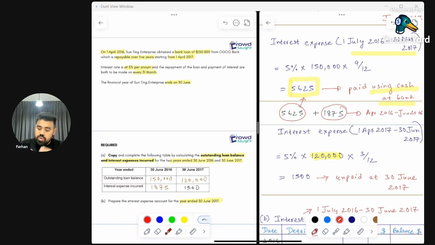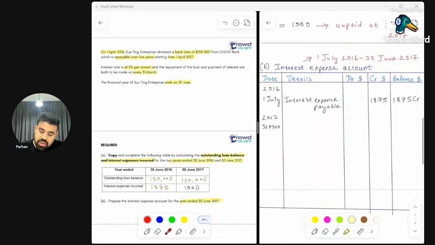All right. So altogether, 5,625 plus 1,875 comes out to be 7,500. So we are making a payment of 7,500. Okay, on 31 March 2017, which is the interest expense for 12 months ending 31 March 2017.